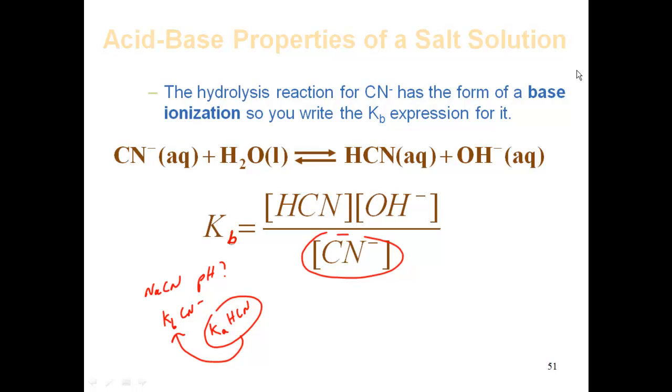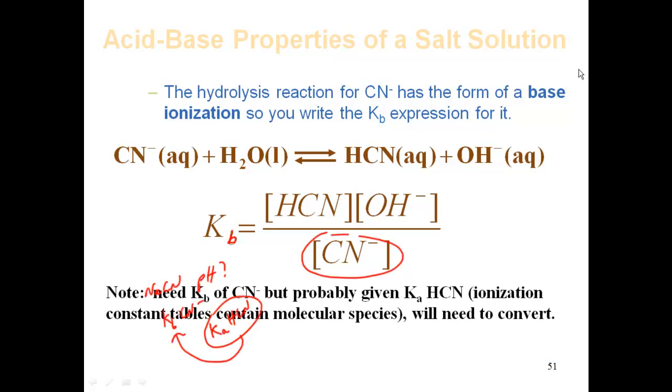I'll tell you more about how to do that calculation later on in the next homework set. As I noted, you would need the Kb of the CN minus, but you will probably be given the Ka of the HCN because the ionization tables tend to be of molecular species, and you're going to need to convert that to get the K that you need for your calculations. I'm giving you a warning of that now. We'll eventually show you how to do it later on in problems.